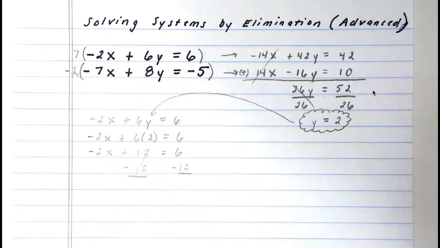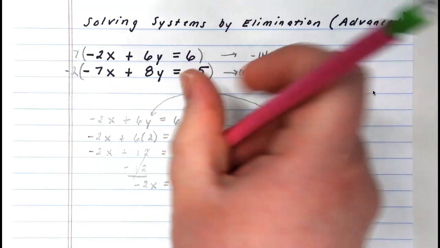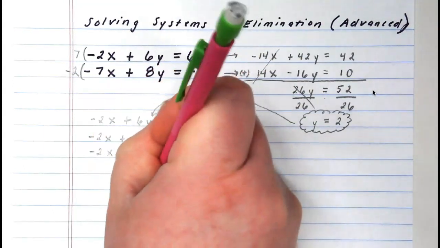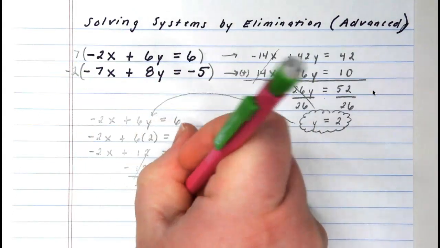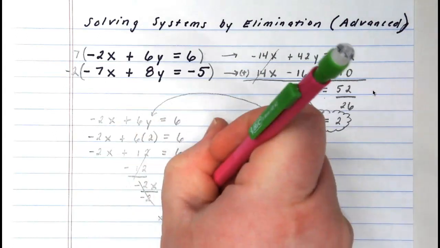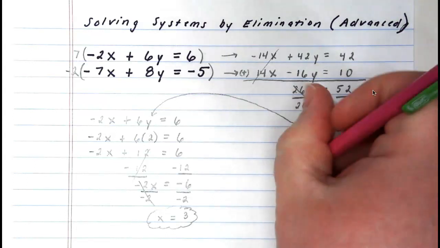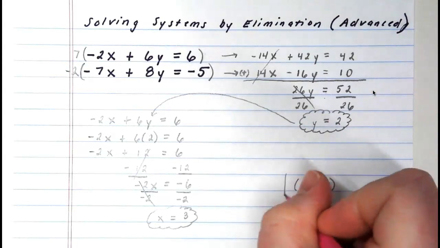So that cancels, and we're left with negative 2x equals negative 6. Last step, we can divide by negative 2 to get rid of the multiplication. So x equals 3. So now we have our x part of the coordinate, and the y. So our final answer would be x comma y, or 3 comma 2.